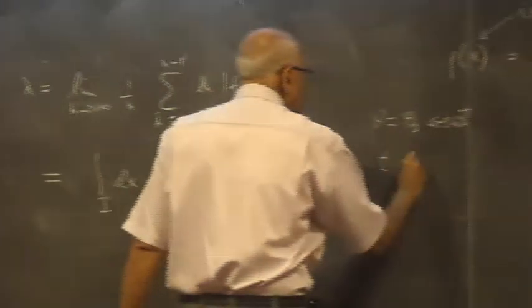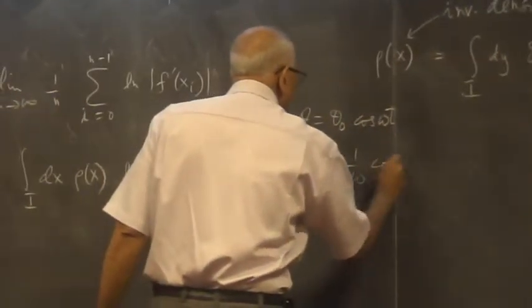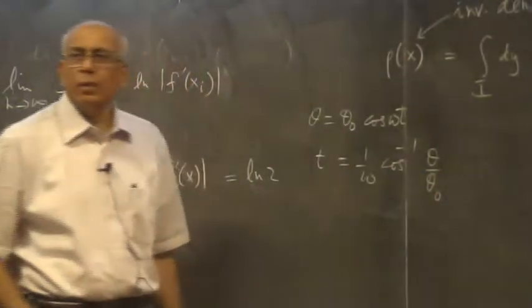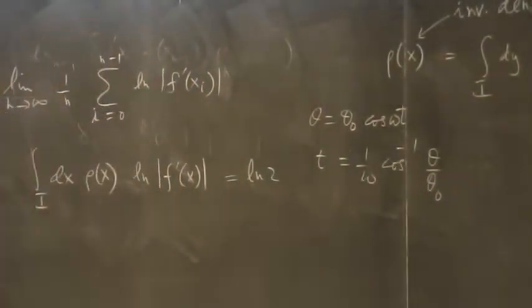But you instantly see that if you say theta equals theta naught cos omega t, then t equals 1 over omega cos inverse of theta over theta naught. And I say, what's the probability density in the angular variable theta, given that I take a snapshot at any instant of time, randomly in the time period?